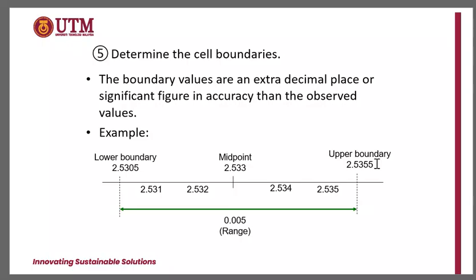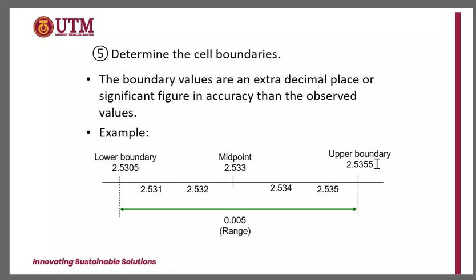by 2, 0.0025, 0.0025. So to the left-hand side, for lower boundary, we will make it midpoint minus 0.0025. But for upper boundary, midpoint plus 0.0025.